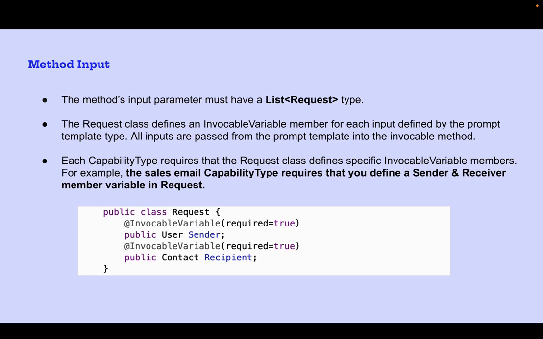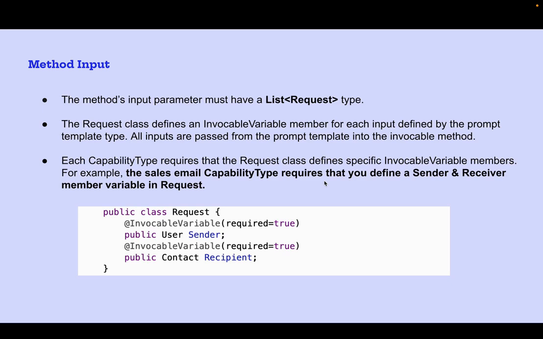Now let's see what the input parameters look like. The method's input parameter must have a data type list of request, and the request class defines an invocable variable member for each input defined by the prompt template type. All those inputs are passed from the prompt template into your invocable method. For each capability type, we have to define some specific invocable variable members.